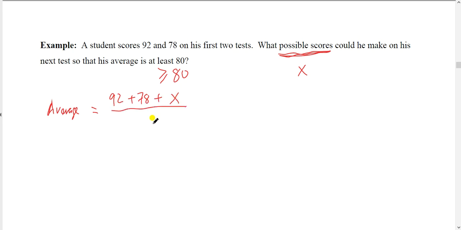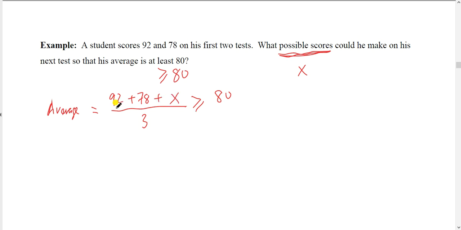Now the average of these 3 is the sum divided by 3. We want this average to be at least, or bigger than or equal to 80. And now we are looking for the possible score, so we are trying to solve for x in this inequality.